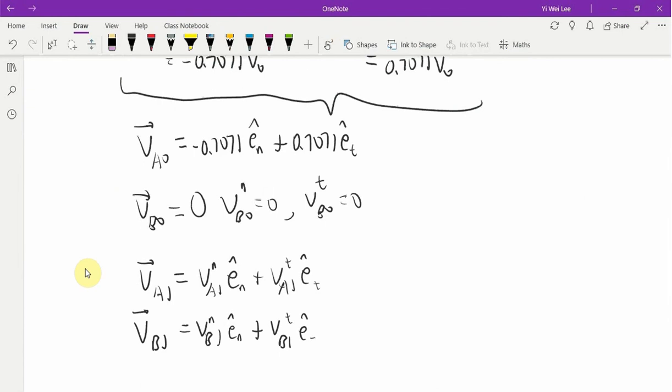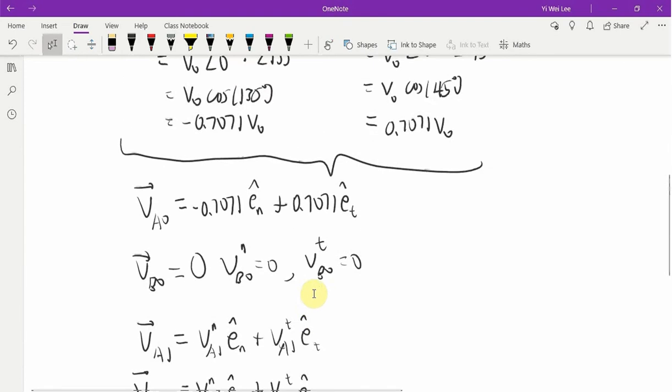In other words, we are laying the foundation to claim that the final velocity of A and B respectively will be resolved in the En and Et direction. The main reason to write this down is to understand that we need to resolve the final velocity in the En and Et direction. However, we still cannot solve this yet. Also, a bit of a mistake here: this has the unknown Vn inside. This is very crucial.